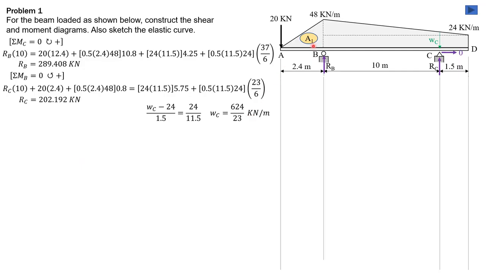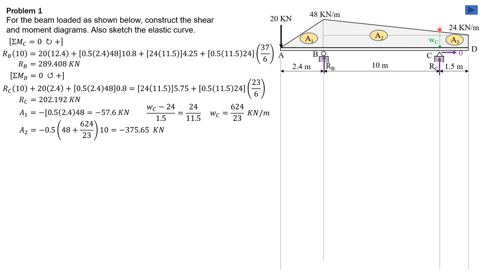Then call that area 1, the triangle, then area 2, this trapezoid, area 3, this another trapezoid. Area 1 is negative 0.5 of 2.4 times 48, equal to negative 57.6. Area 2 is negative 0.5 of quantity 48 plus 624 over 23 times 10, so negative 375.65.